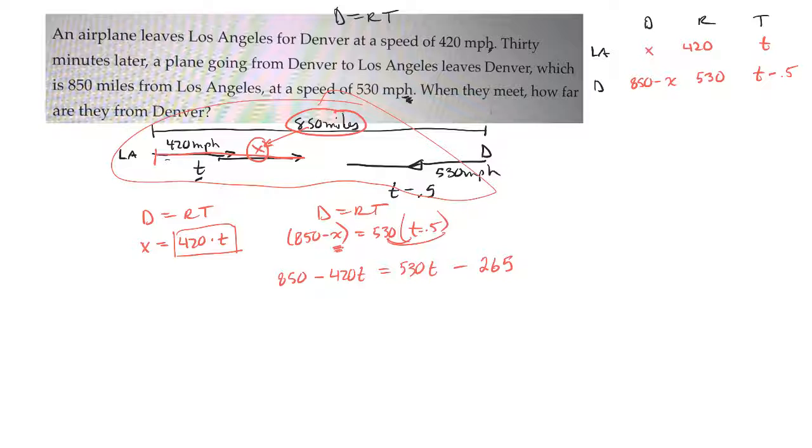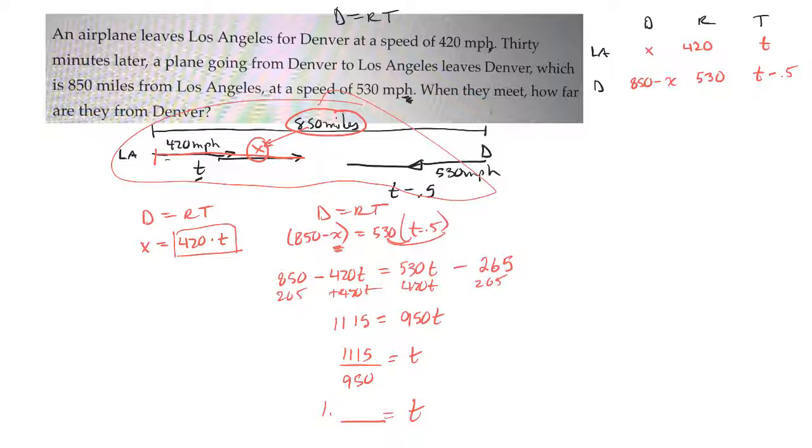All right, so now let's add 420T to both sides. So that'll be 950T. And then let's add 265 to each side. So that'll be 1115 is equal to 950T. And then divide both sides by 950. So T is going to be equal to 1 point something.